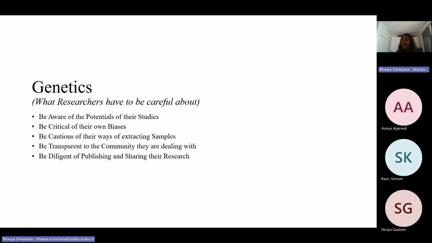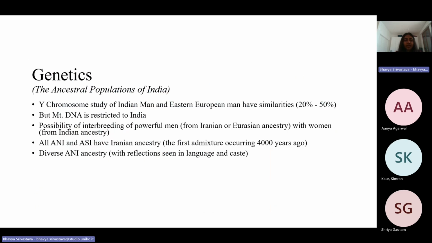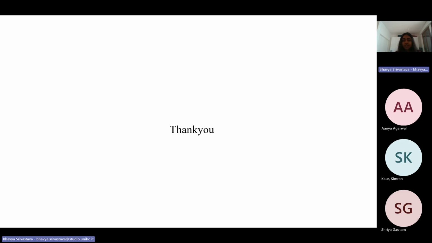So genetics again is a double-edged sword. It can help us understand about migration, movement, or even about our own population. But at the same time, if not used well, or if not used purely for scientific research to aid the society, it can lead to a number of political problems.